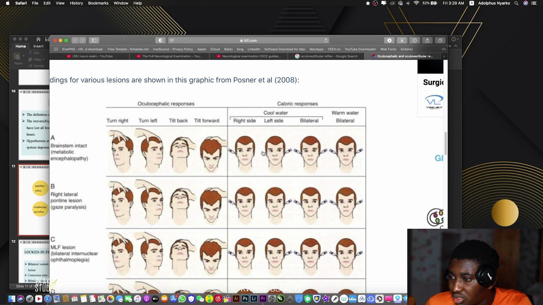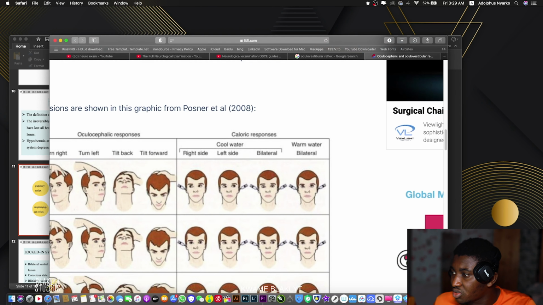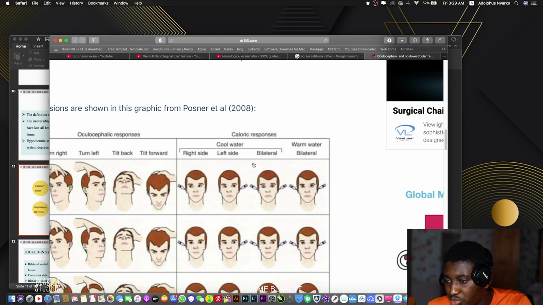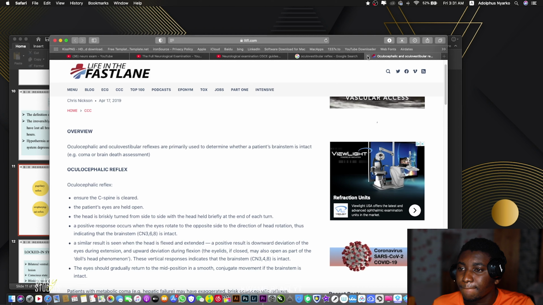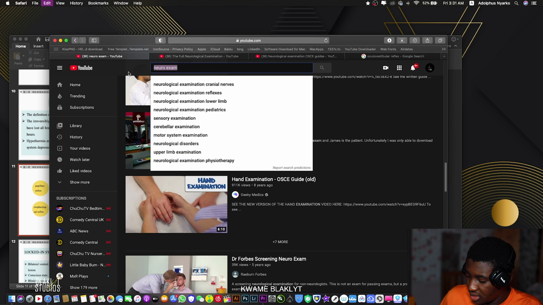This is oculocephalic; I was looking for oculovestibular. But anyway, this makes sense, so let's stick to it. There's caloric response and oculocephalic response. Oculocephalic is this. When you put cool water in the left ear, the eyes should look left. When you put it in both sides, the eyes should look down. But when you put warm water in both ears, the eyes should look up, right? I think it will be easier.